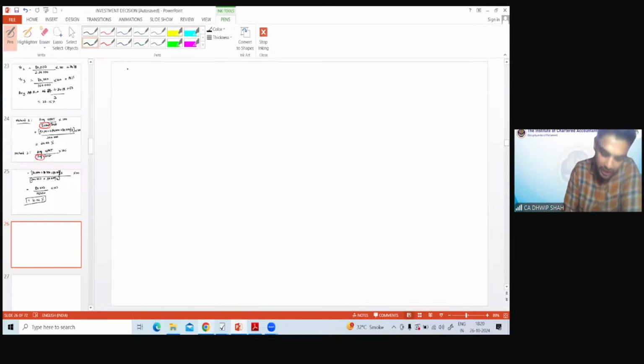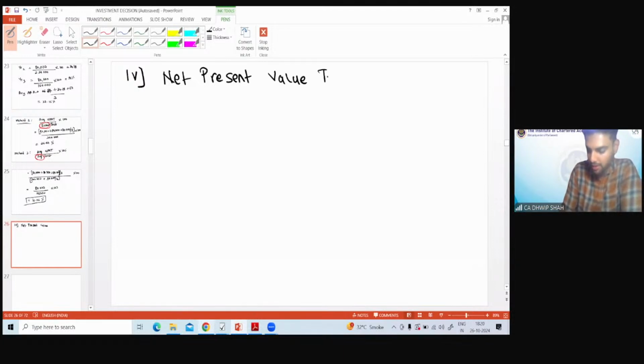The next technique is the net present value technique. Technique number 4, NPV technique.